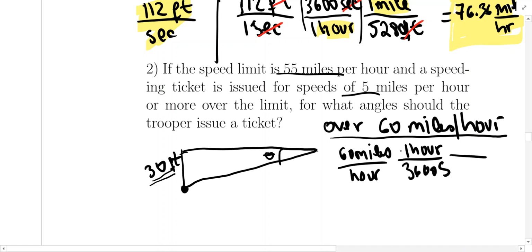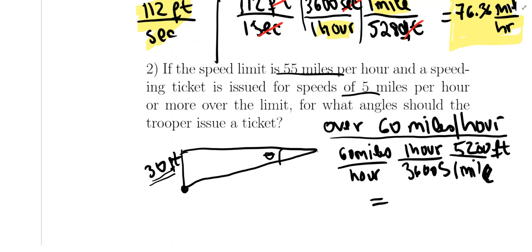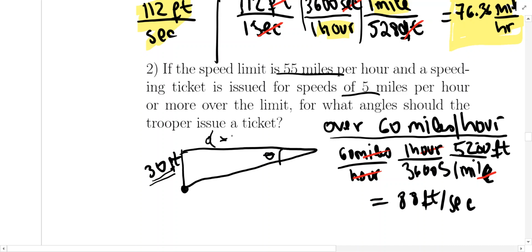And then I need to cancel out the miles. So I'm going to put the miles at the bottom, 1 mile, and then at the top, I'm going to put 5280 feet. So if you calculate this, the hour goes away, the miles go away, so you'll have 60 times 5280 feet over 3600 seconds. So this should give you 88 feet per second. So that means that this truck is traveling a distance of 88 feet in 1 second.